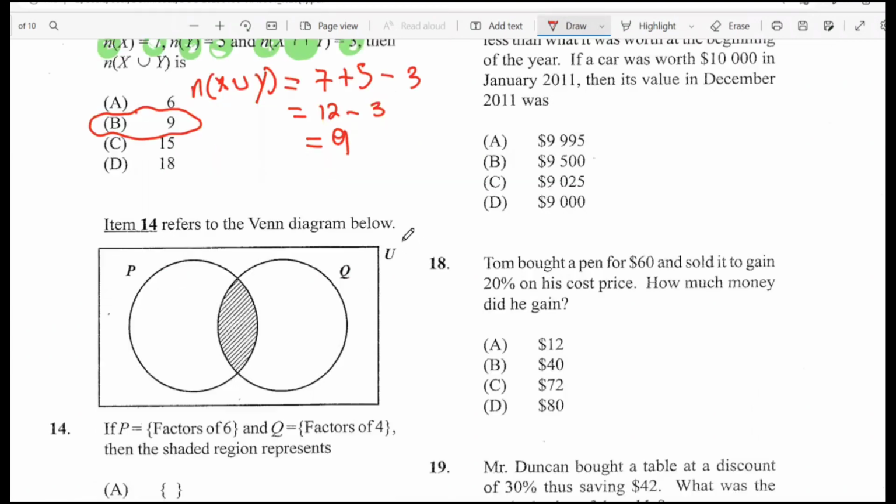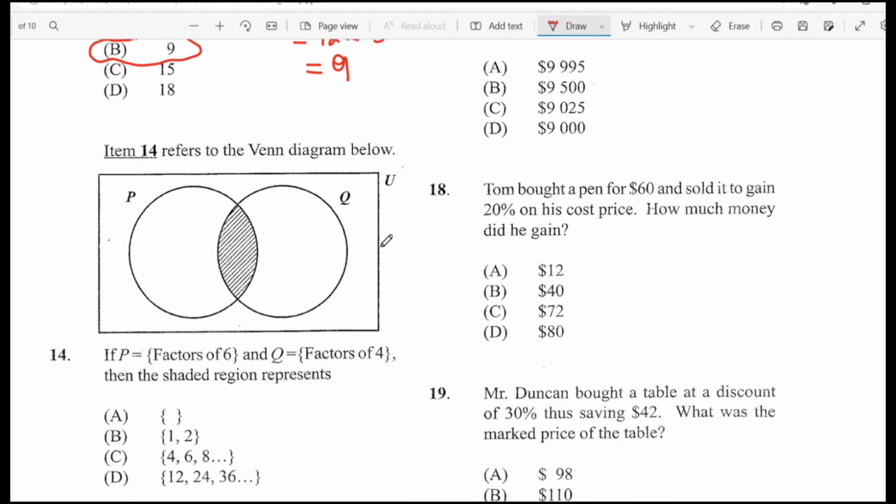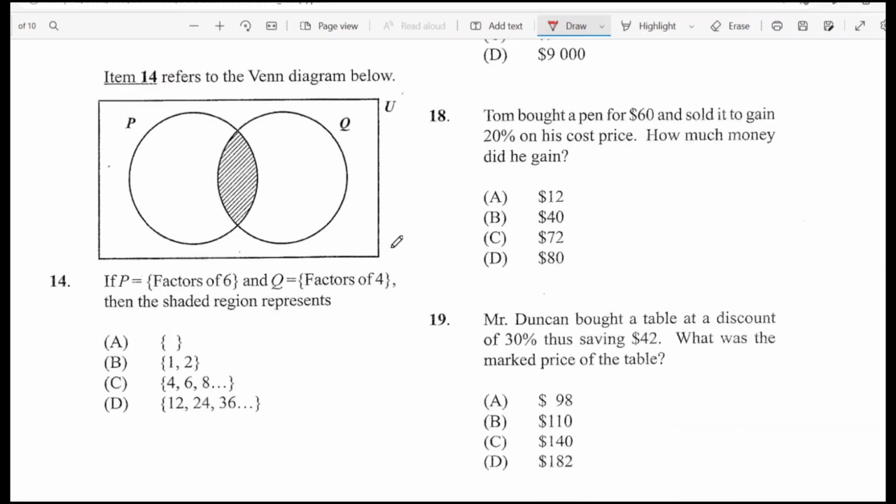All right. Another set question. Item 14 refers to a Venn diagram below. If P is equal to the factors of 6 and Q the factors of 4, then the shaded region.